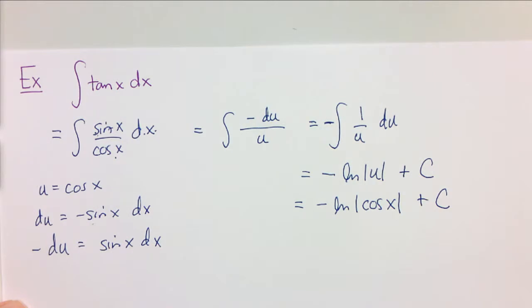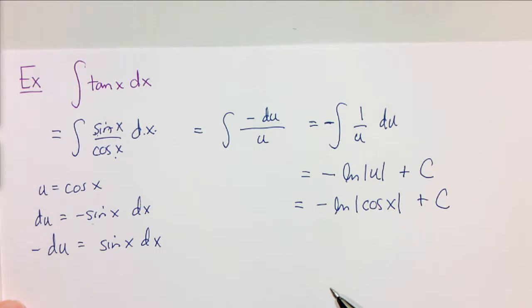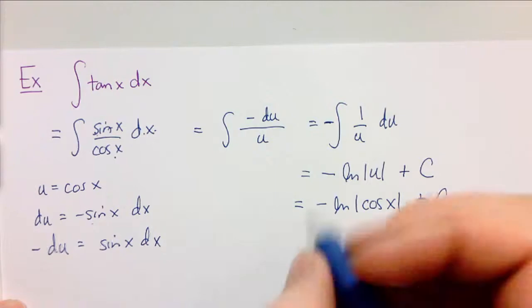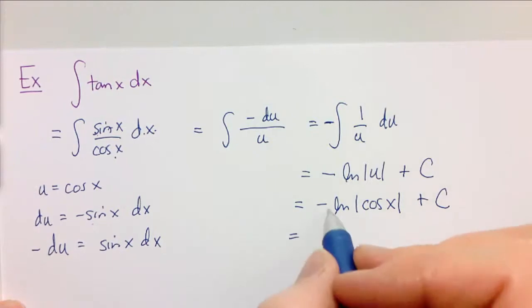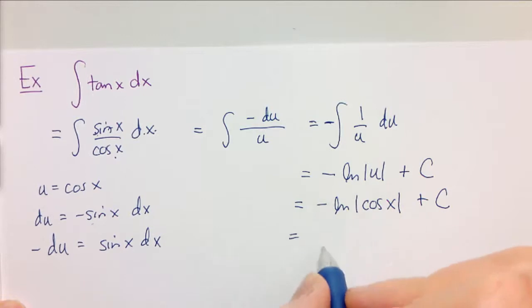Now, if you look in a table of integrals, or table of antiderivatives, that's probably not what's going to be listed for the antiderivative of tangent. It's right, and you can check, right? But it's probably not what's going to be listed. Usually, they do a little trick. Since you've got the number minus 1 in front here, they'll put that up here on the exponent.